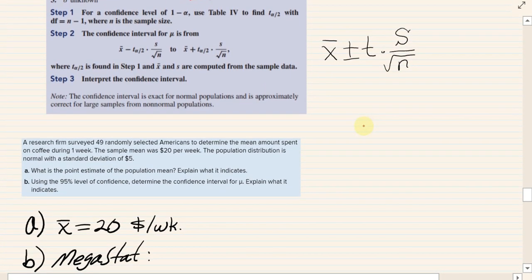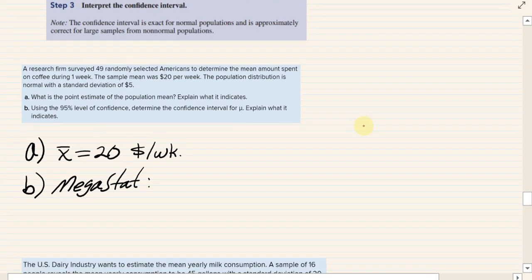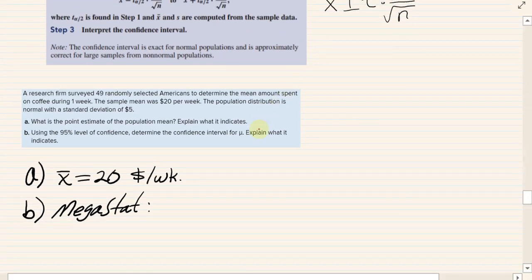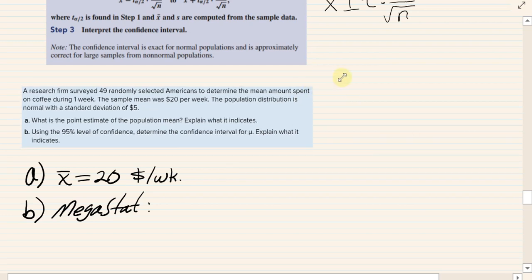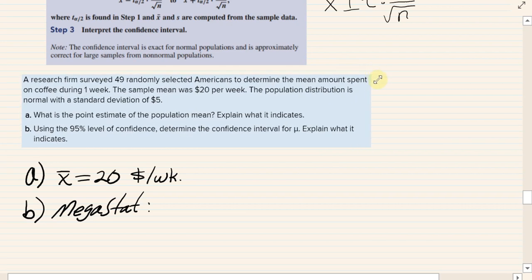Okay, now we have reached our first example that we're going to use in Megastat. Let me enlarge this so we can see it a little better. In this example, and this is in your book, the question reads: a research firm surveyed 49 randomly selected Americans, so that 49 is a sample size, right?